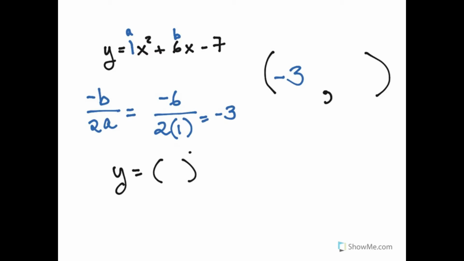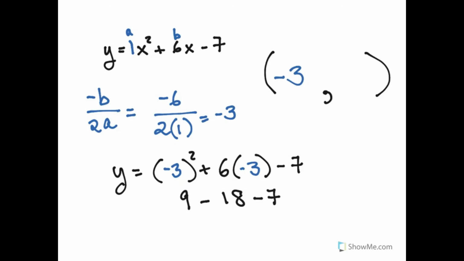Y equals x squared plus 6 times x minus 7, and x is negative 3. Well, negative 3 squared is 9, minus 18, minus 7 gives me a negative 16. So this is a quicker way to find the vertex than to transform the equation, and it's the way most people usually use.